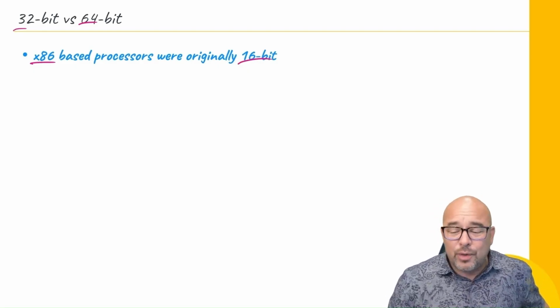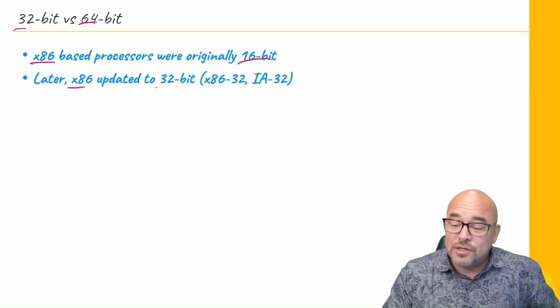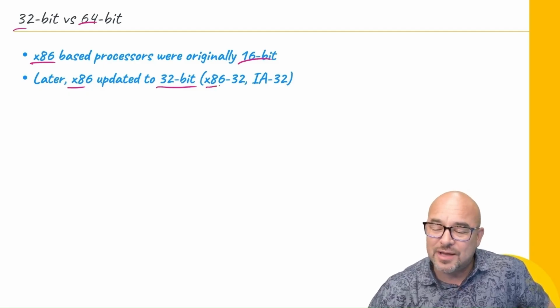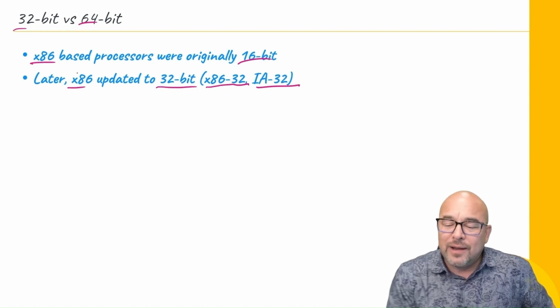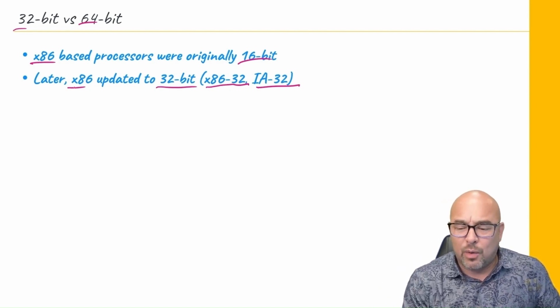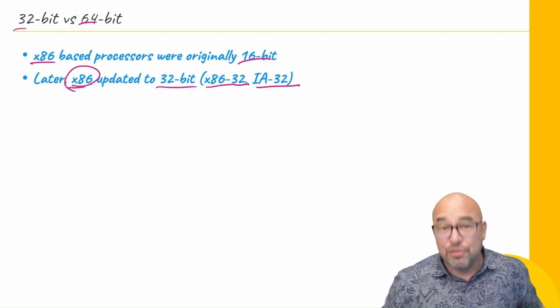So this is how it originally came up. However, later on, x86 was updated to a 32-bit processor. You may have also seen that referred to as x86-32 or IA32. So in recent decades, anytime you see x86, you generally think of 32-bit.